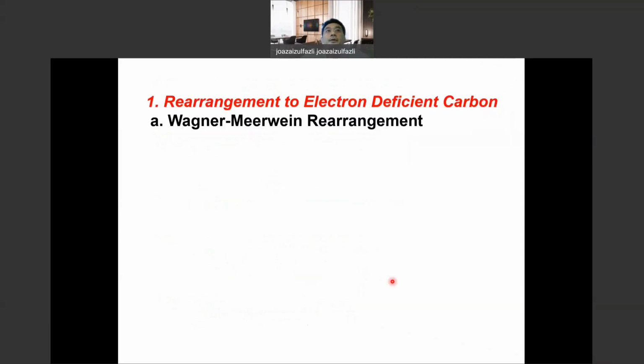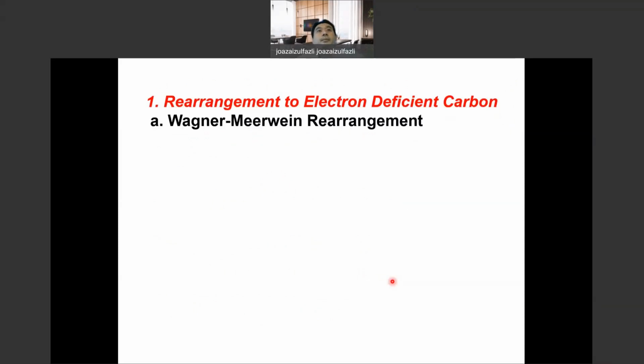Okay, so first we look at the Wagner-Meerwein rearrangement. Actually, it involves rearrangement of carbocation, the one that we already learned in the previous topic, but applied to this rearrangement.